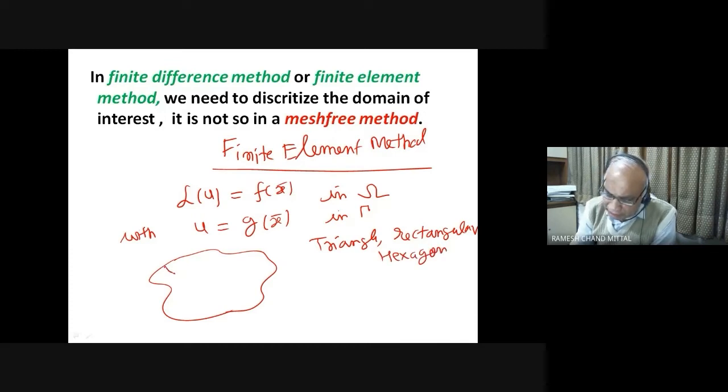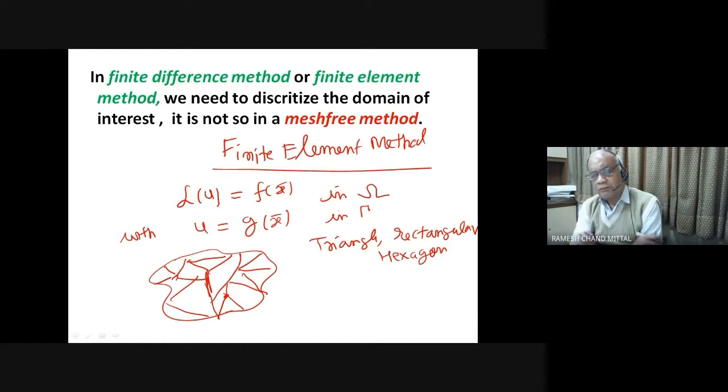So I divide it in some way into small elements, like this way, like this way, and so on, and so on.